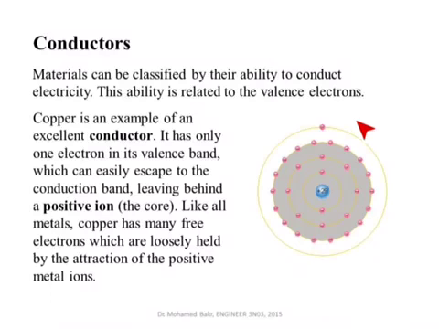This is the copper atom, and the copper atom has an atomic number of 29. So there are 29 positive protons at the center, and there are 29 electrons distributed over a number of shells. And the outermost shell contains only one electron, and this electron is really lightly tied to the core. We call the nucleus and all the other electrons around it, other than the one in the outer shell, the core.